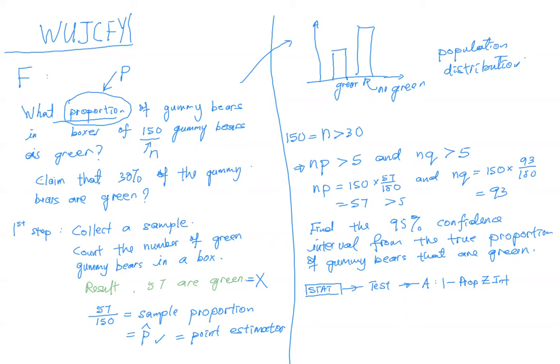Now you go into there. Everyone get into it? One prop Z interval. Can you tell me the three things you're supposed to enter? X, n, and the confidence level. Do you know the value of these three numbers for this situation?